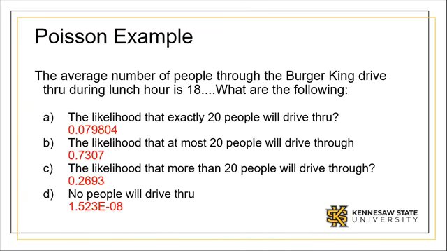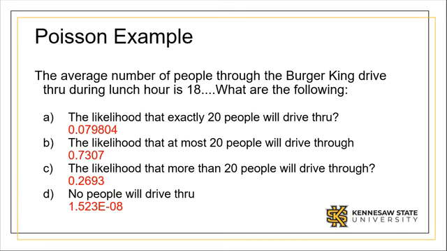Now let's look at this Poisson problem. The mean is given as 18 customers per hour. Using technology and our understanding of probability, we can get these responses. Exactly 20 means equal to 20, and this is 0.079804. At most 20 means the probabilities of 0 through 20 added up. This gives us 0.7307.